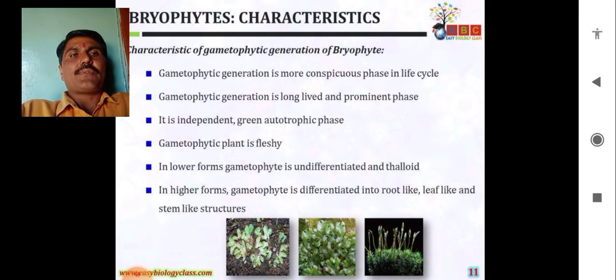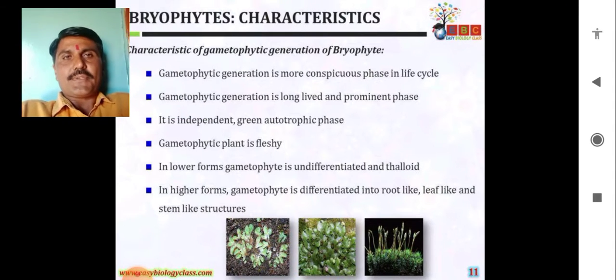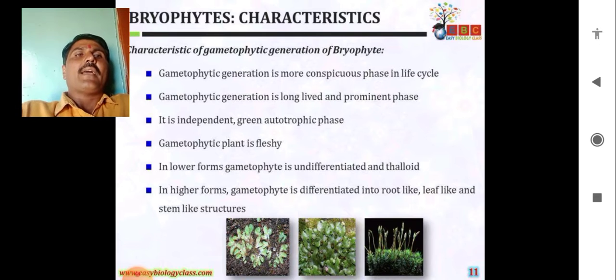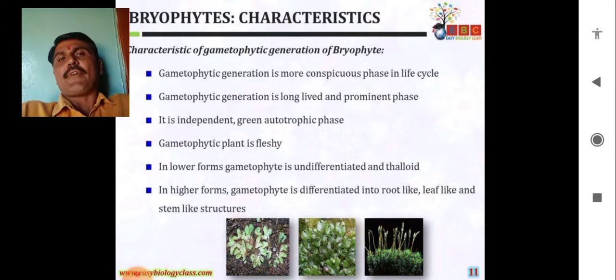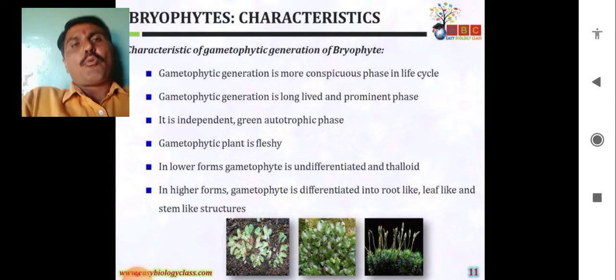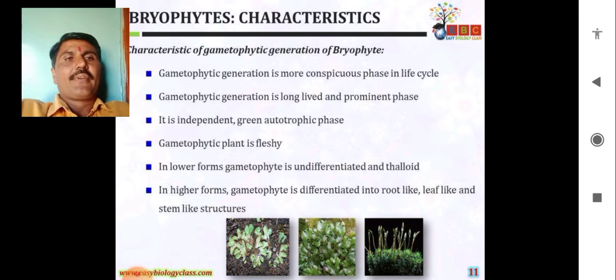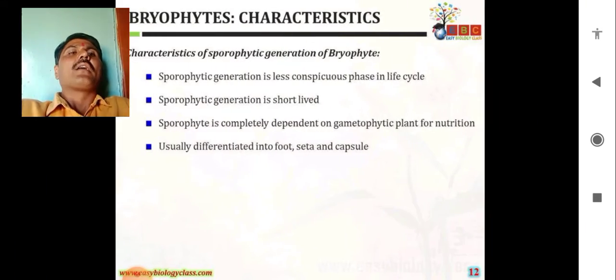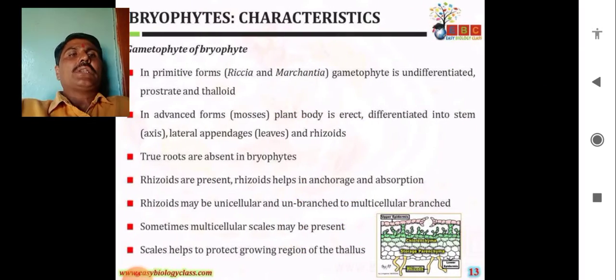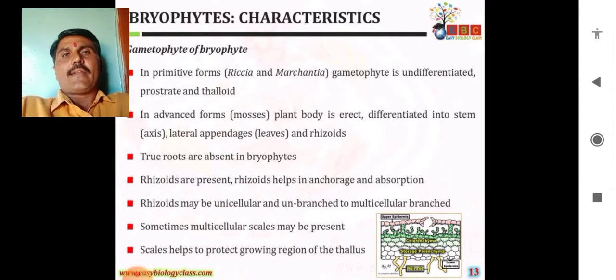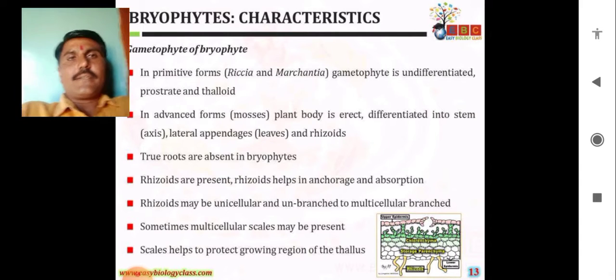The gametophytic generation is the more conspicuous phase in the life cycle, and it is more prominent and long lived than the sporophyte.